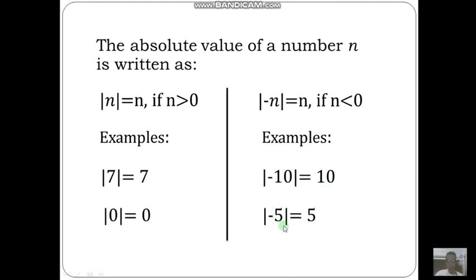Then the absolute value of negative 5 is equal to positive 5. So these are examples of when our n is negative. Then on this side, if our n is greater than 0, and here, if our n is less than 0, still all the absolute values of these given numbers are positive. Alright?